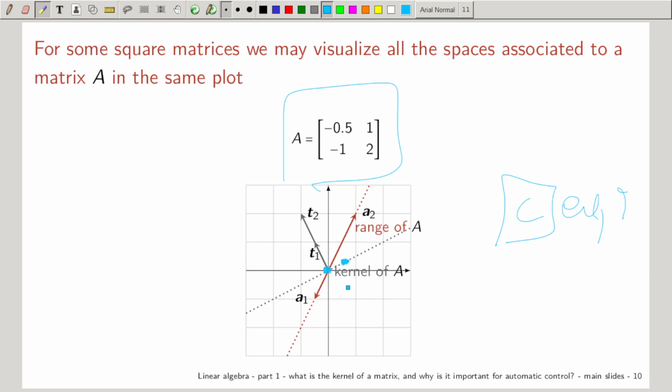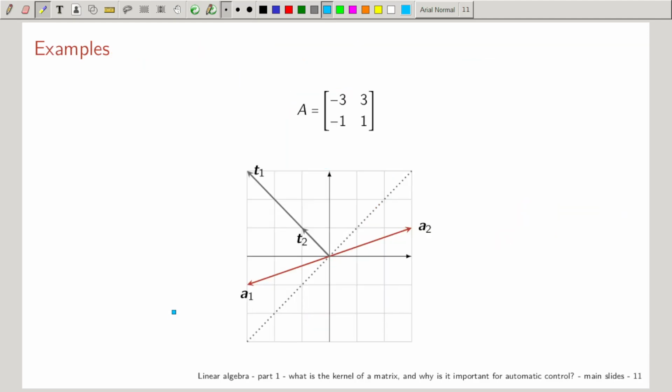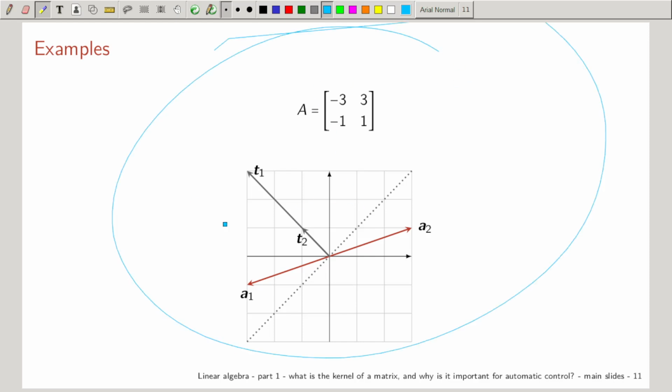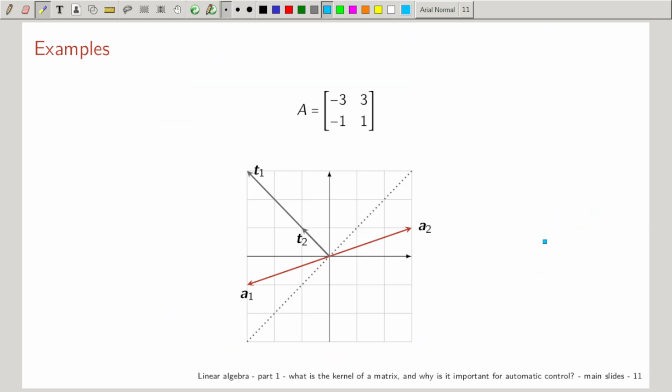True? If I start in the kernel of A, my x dot is going to be equal to 0. Can I have convergence whenever I've got this stuff here? No. You see it? Perfect. We are going to do this thing here. Anyway, let's go back to a visualization. Look at this for 1 minute and tell me if we are together.